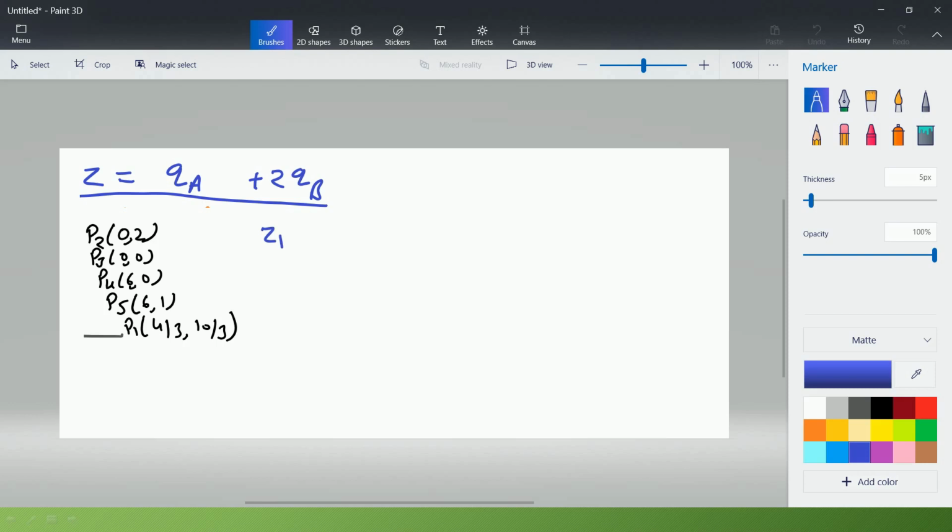Z1 will give 0 plus 2 multiplied by 2 equal to 4 rupees profit. Z2 will give 0 rupee profit. Z4 will give 6 plus 2 comma 0, 6 rupees profit.